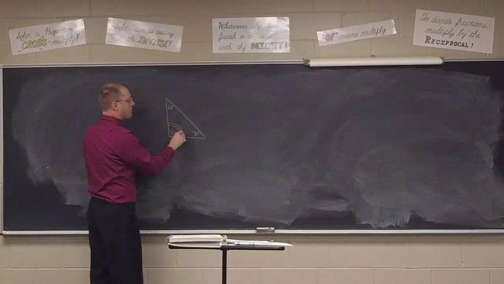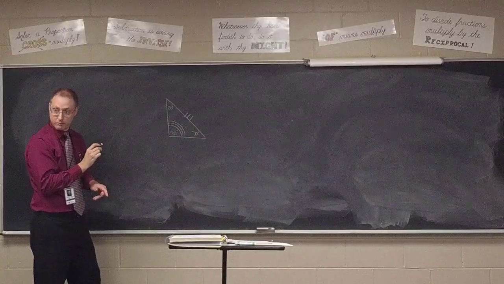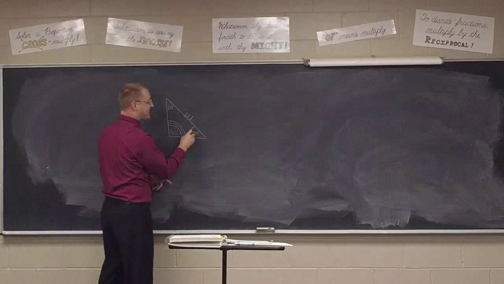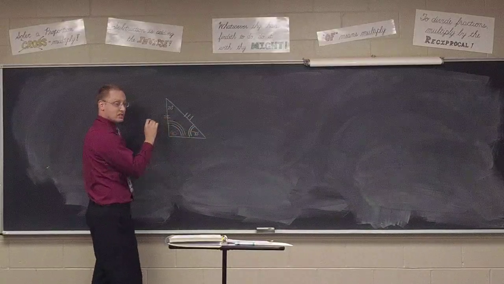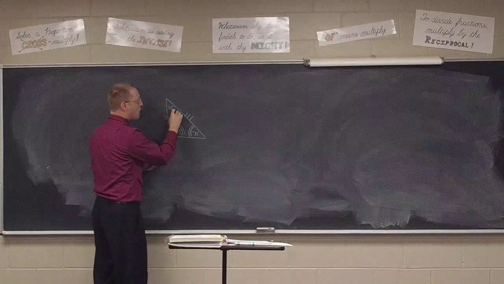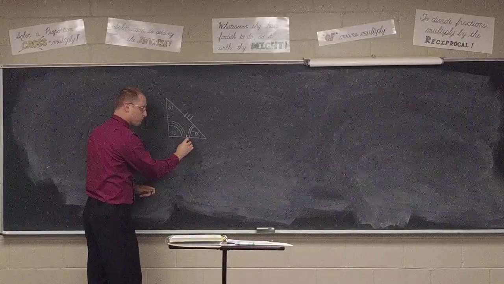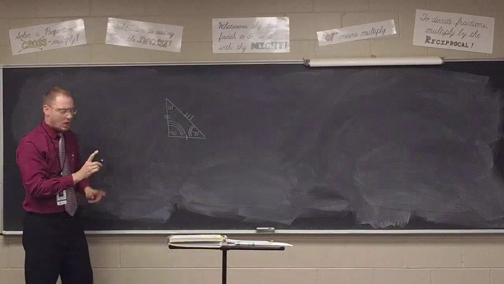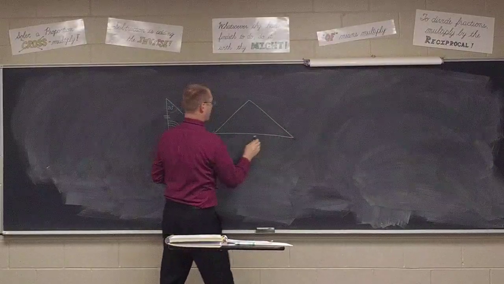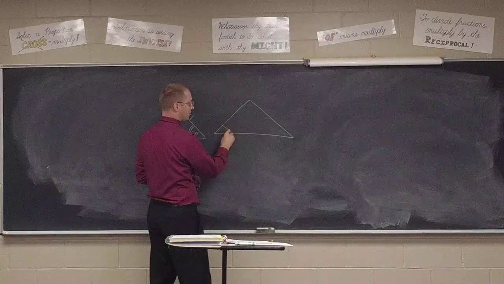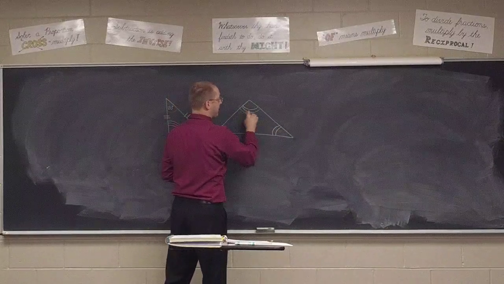Because this is the biggest angle, this is the biggest side. You'll discover that the second biggest angle has across from it the second biggest side, and the smallest angle will always have across from it the smallest side. So if I were to draw some random triangle, not even a right triangle now, and I said that this is my littlest angle, this is my bigger angle, and this is my biggest angle.